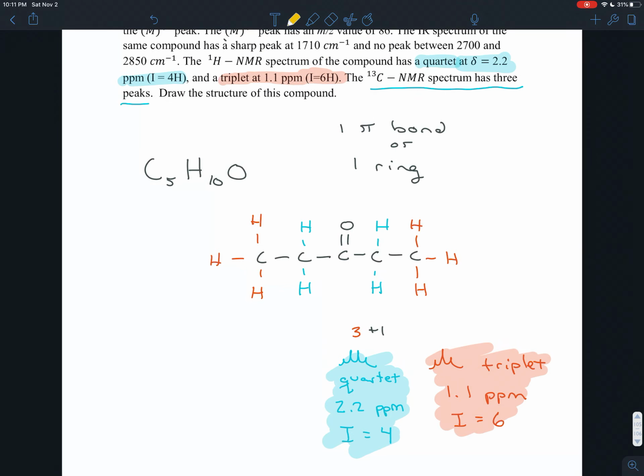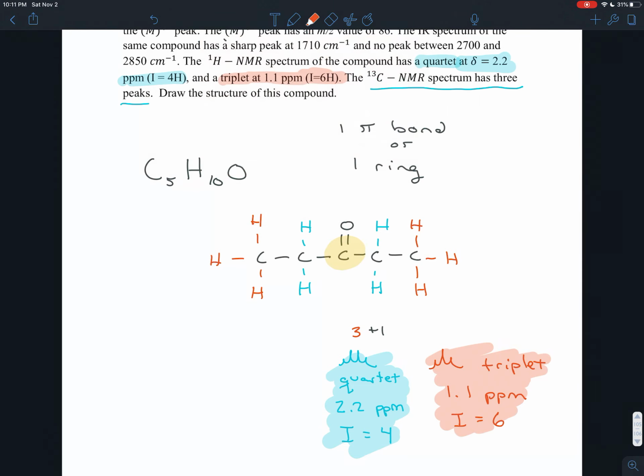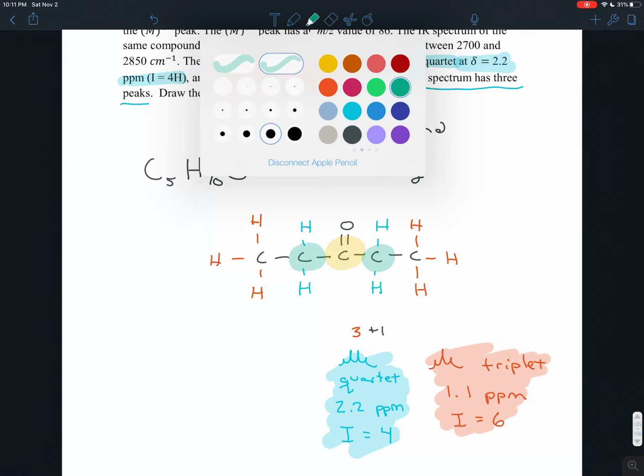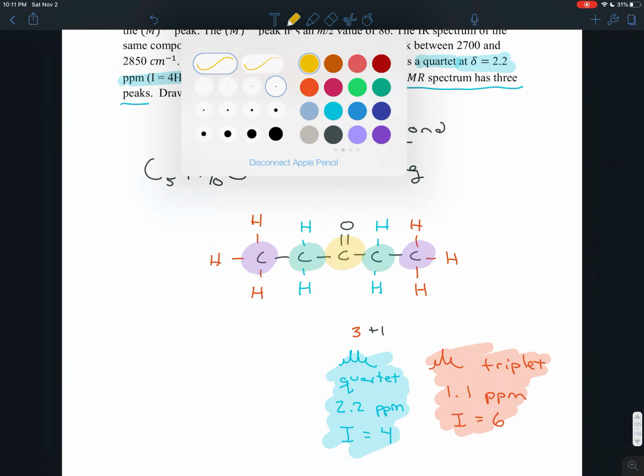You have a carbonyl carbon. That's one environment. You have carbons right next to that on either side, wedged between a carbonyl and a CH3. That's a second environment. And you have the carbons on the ends, CH3s that have a CH2 and then a carbonyl on either side.